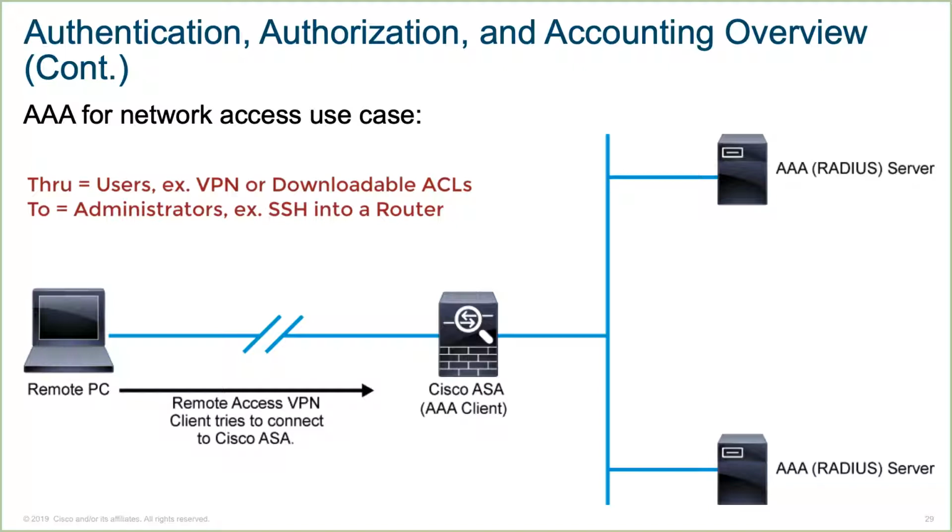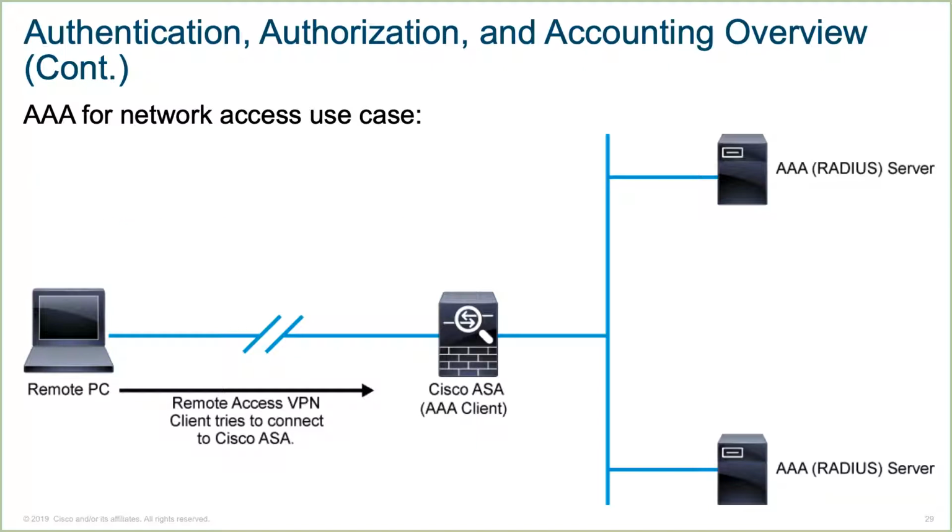So as the slide here is showing, remote access VPN to the ASA, that is most certainly going to be an end user use, sending traffic through this security appliance, again, the ASA. So in this case, we would authenticate the user by a username and password.